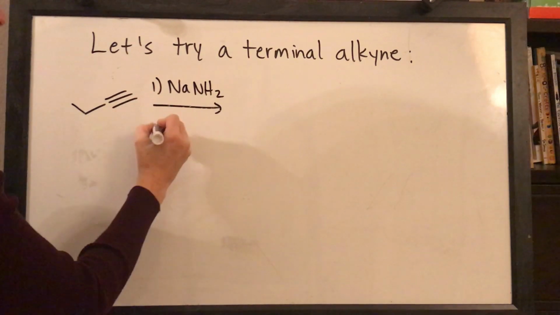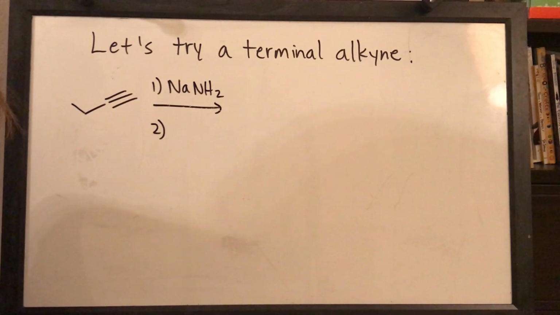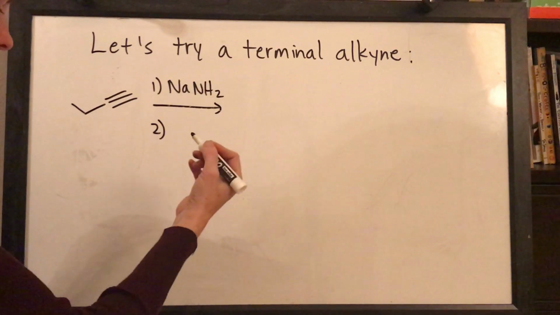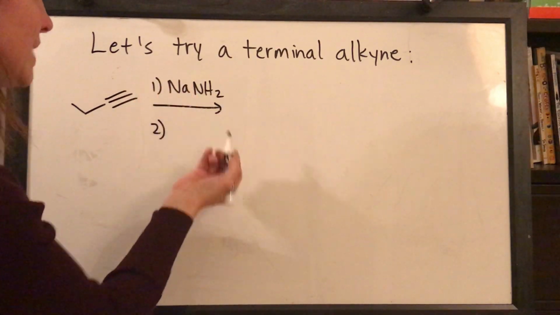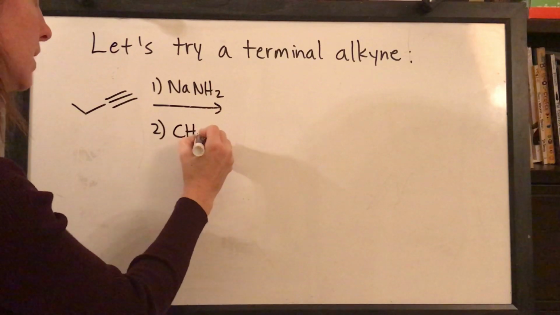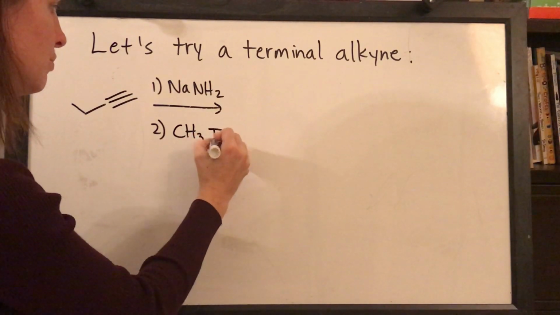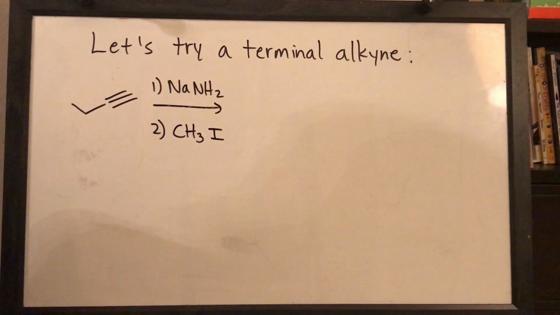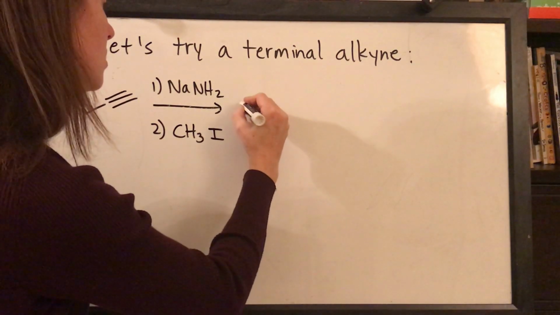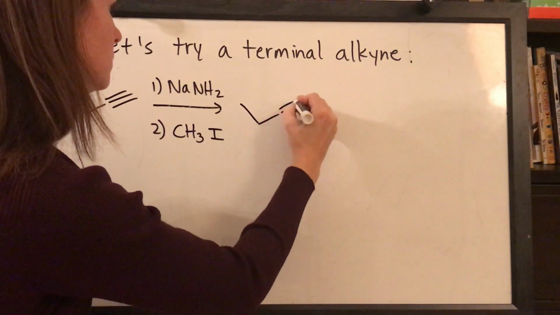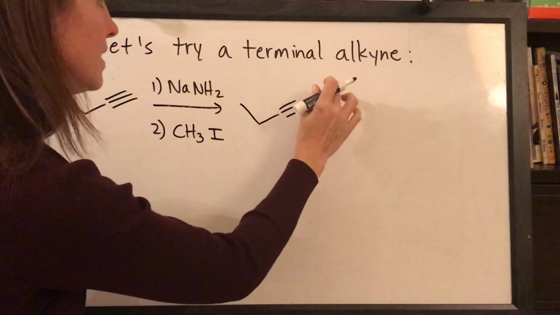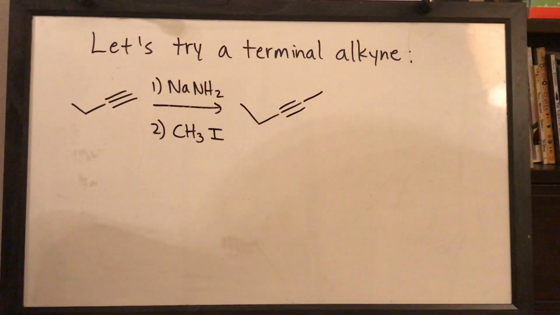And once you deprotonate the terminal alkyne, then you can add on any primary or methyl halide that will do an SN2 reaction. So in this case, if we just want to add 1 carbon, we're going to add methyl iodide or methyl bromide, whatever your favorite halide is, and that's going to add 1 carbon. So we'll have 1 extra methyl group on the end. So now we have our 5 carbon chain.